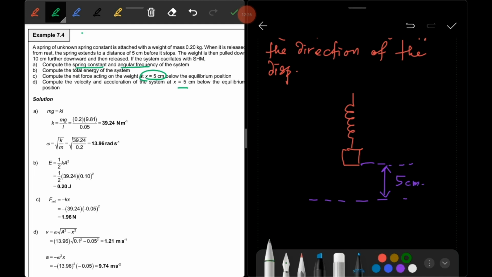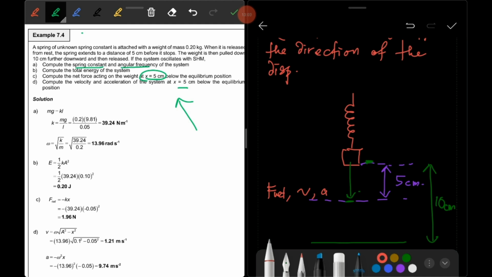When the object moves from this position to this position, the total displacement and the total amplitude is 10 cm. This is the total amplitude, 10 cm. This is based on example 7.4. So the question asks you the velocity and the acceleration here, and also the net force.